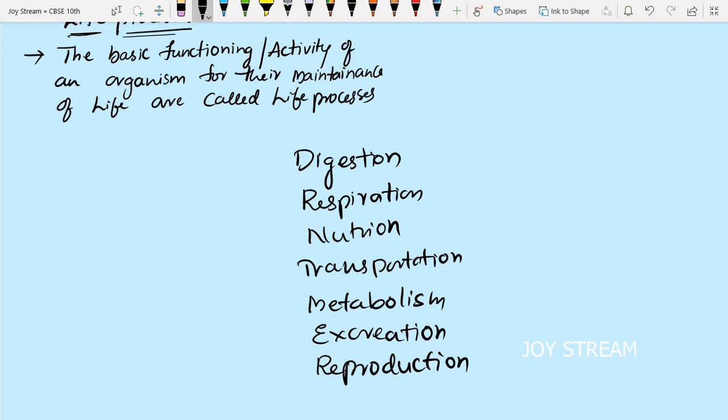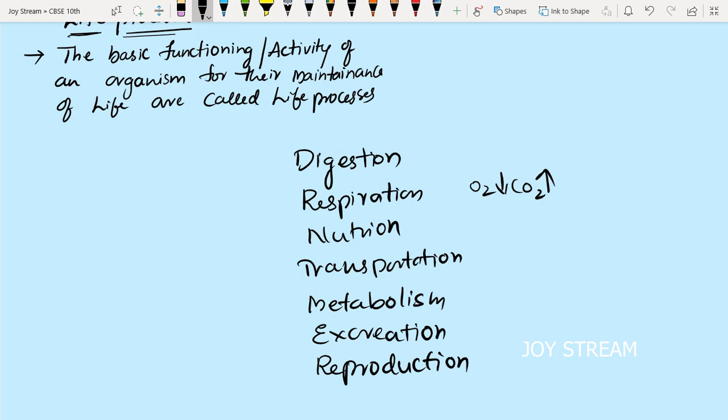So digestion. What is digestion? When we take food, it digests. No? That is digestion. Respiration. The breathe in and breathe out. We breathe oxygen in and release carbon dioxide. Oxygen in and carbon dioxide outside.